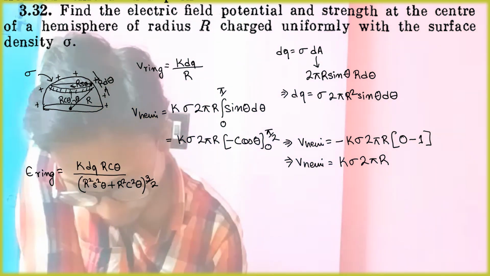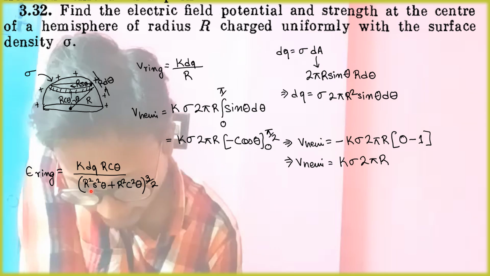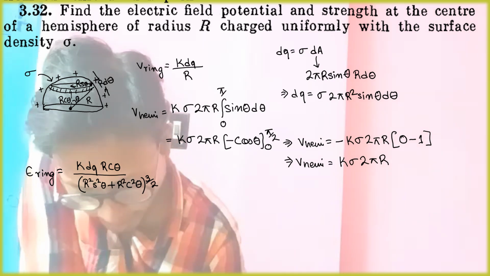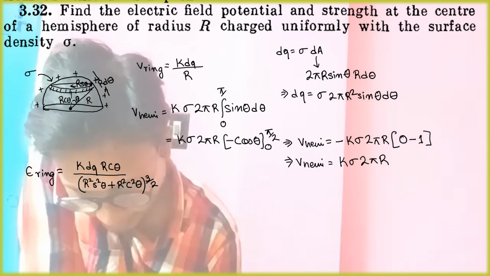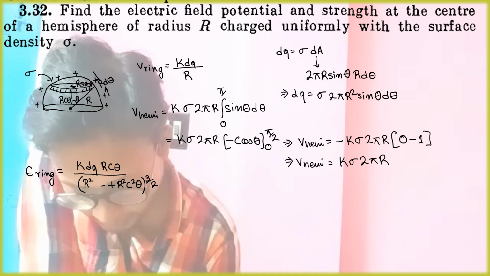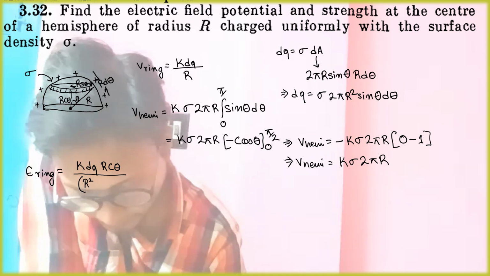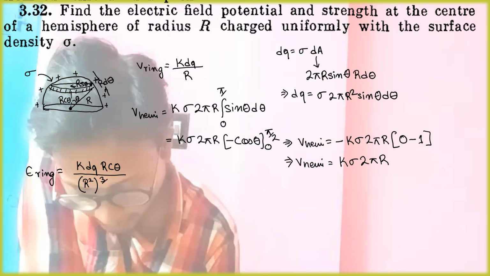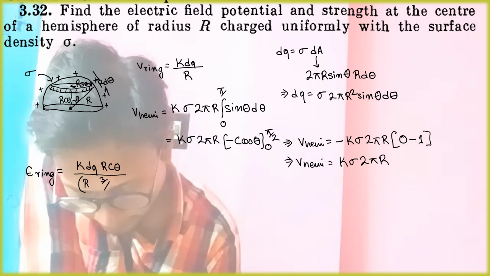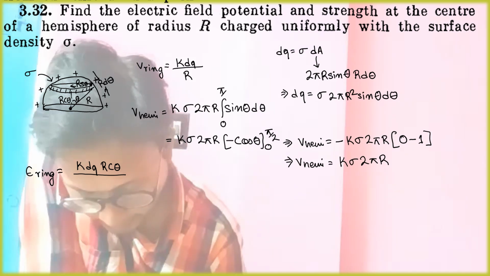If I take R square common from these two terms, sin square theta plus cos square theta is equal to 1. So I'll get R square to the power 3 by 2. 2 and 2 would get cancelled. It would become R cube, isn't it?